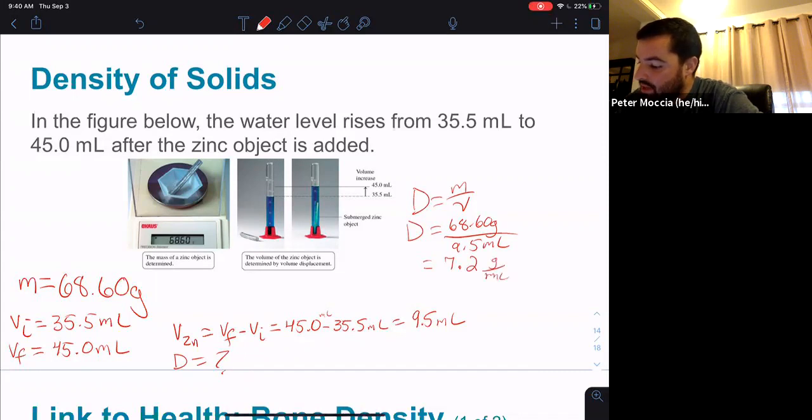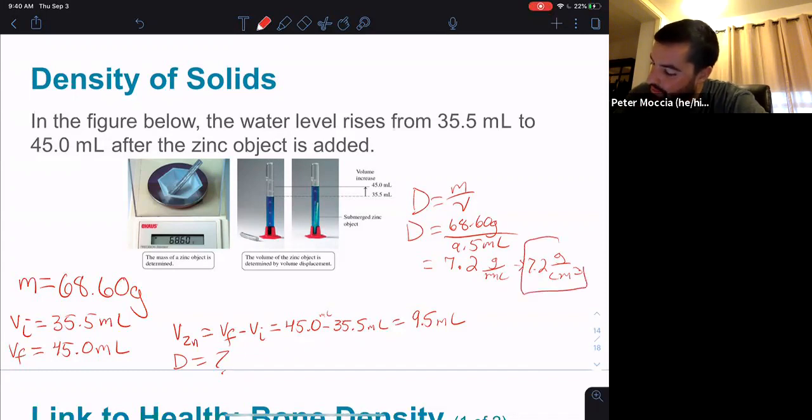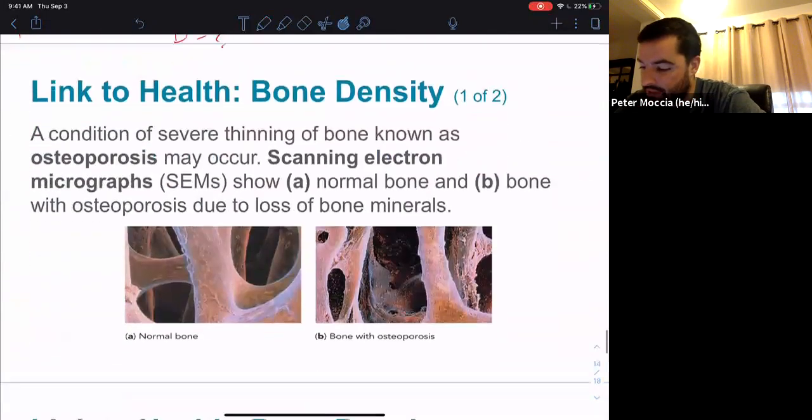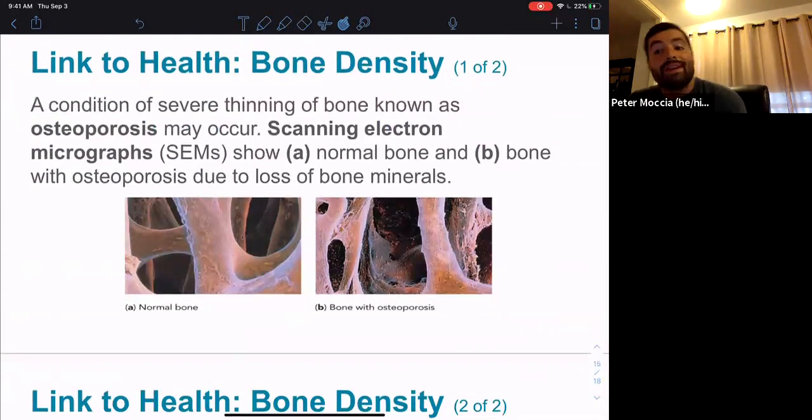But because it's a solid, typically we're going to say 7.2 grams per cubic centimeter. Zinc is a solid, so that's what we're going to use. So that's my answer. Do me a favor, people, box up your answers. I like when answers are boxed up. Then I can find what your answer is very easily.